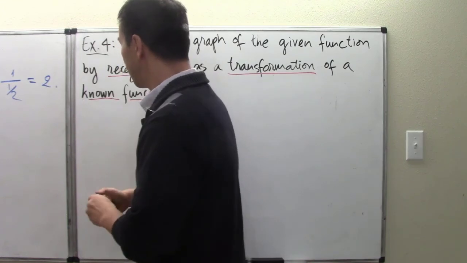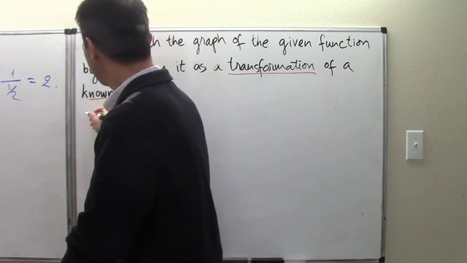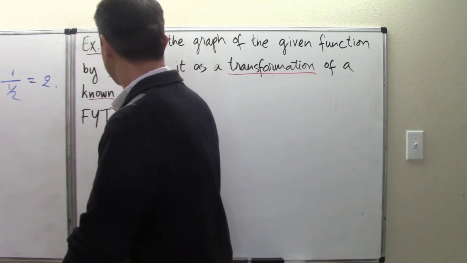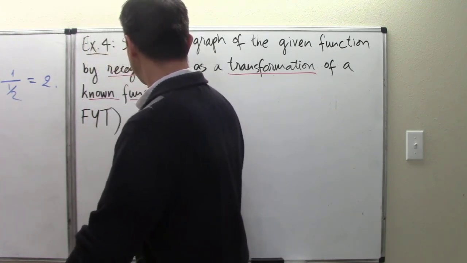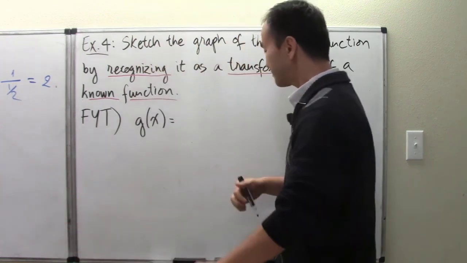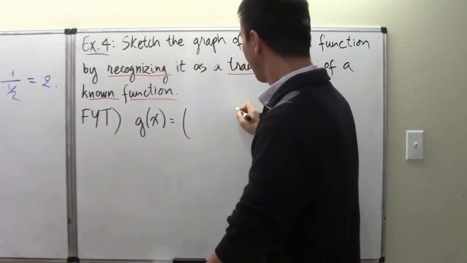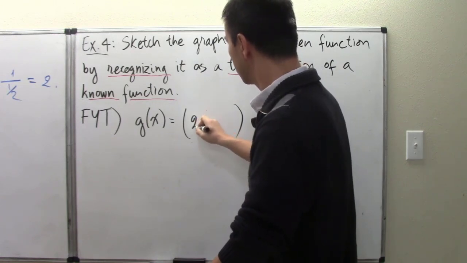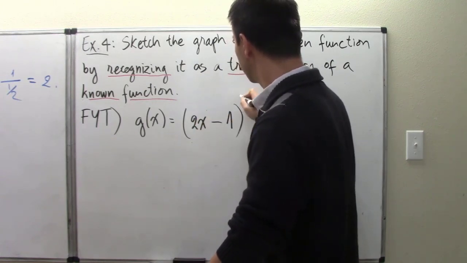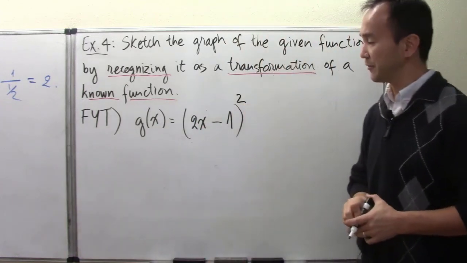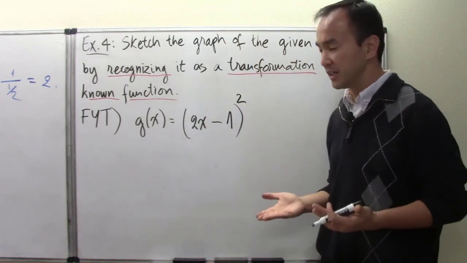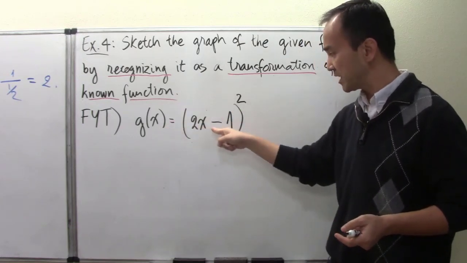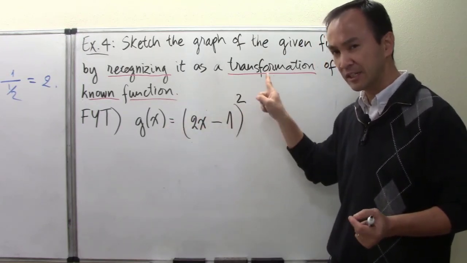All right, so as far as an FYT, I want you to sketch the graph of g of x here being 2x minus 1 in parentheses squared.